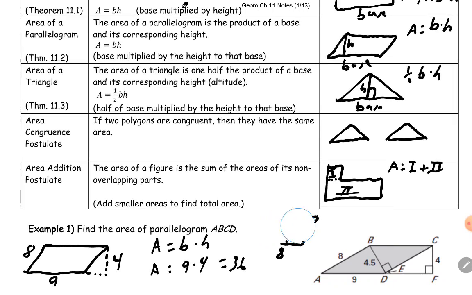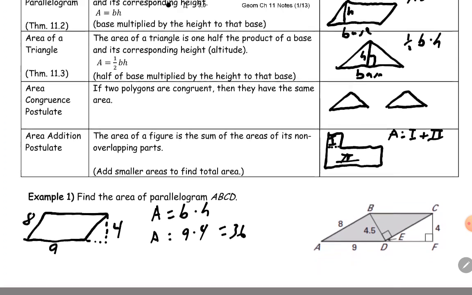Oh no, never mind. Don't worry about that. But if they did flip it on its side, you would have to find the height of the parallelogram. And that should give you also 36.